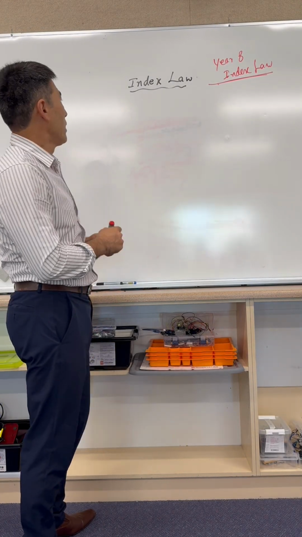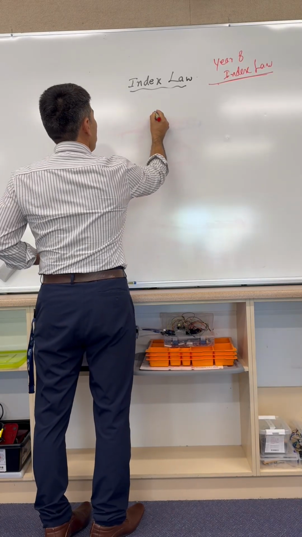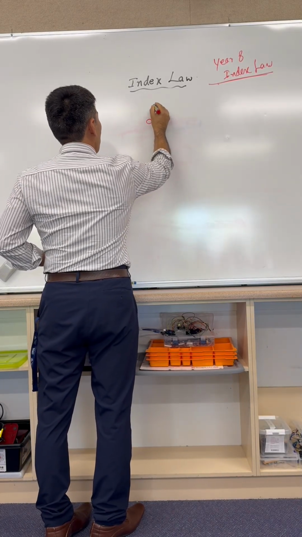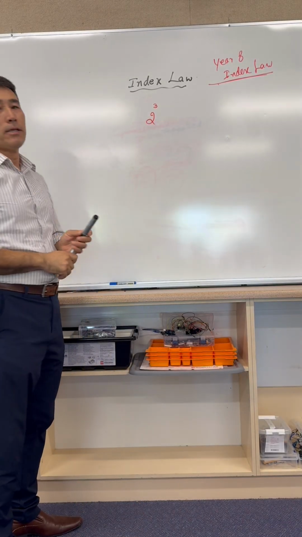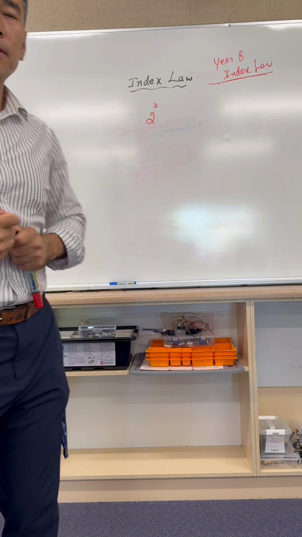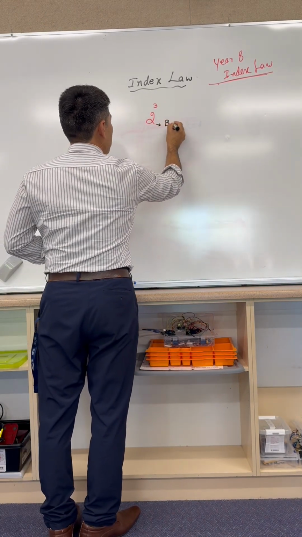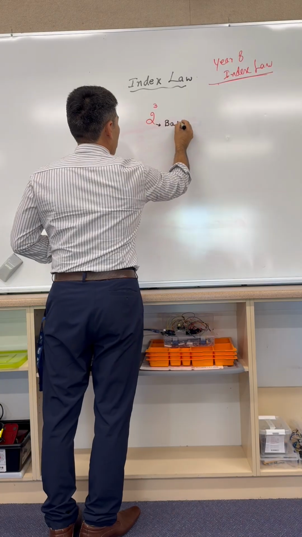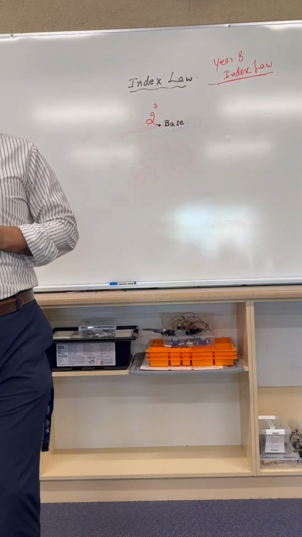So we were discussing index law. 2 to the power 3. Now we discussed the base. Which number is the base? 2. This is our base. It's called base because it's at the bottom, right? So it's easy to remember. Try to connect this somehow, so you can remember.